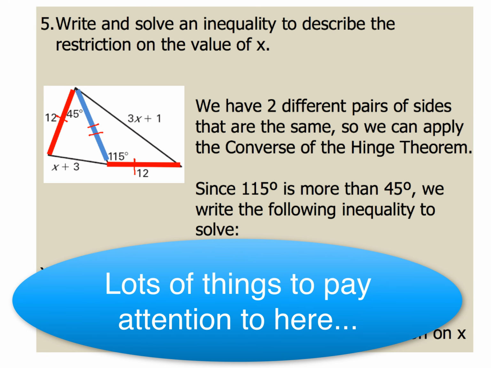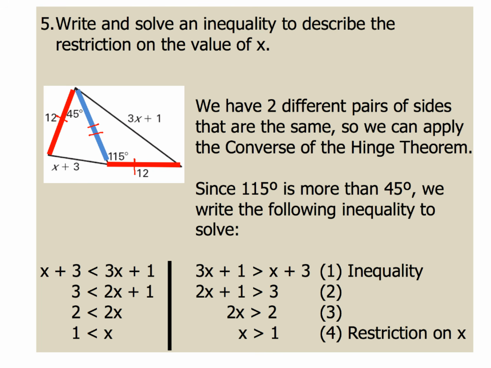So what I want to do then is compare the sides next. The side across from the 115 is going to have to be bigger than the side across from the 45 degrees. Now you've got two ways that you can set that up to solve it. And that's all you are going to need to do. Make sure you get the setup right. And once you have the setup right, then the rest of it is going to be pretty straightforward arithmetic.